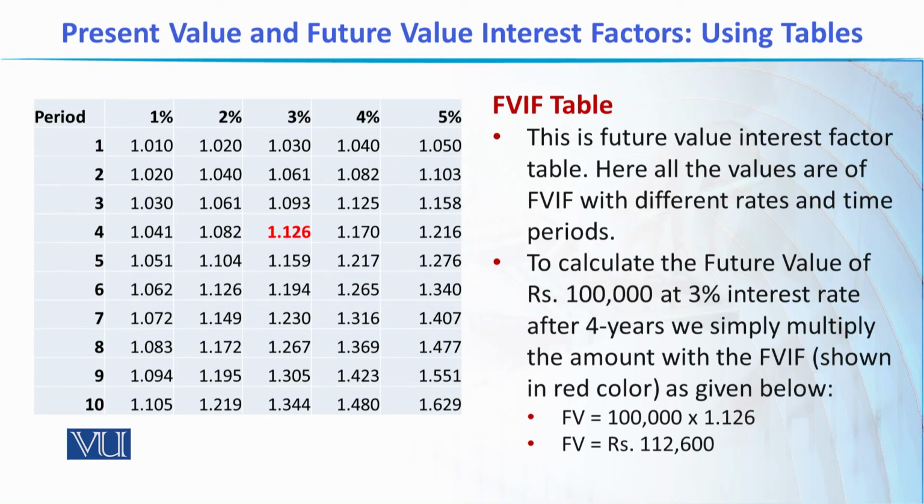That is 1, 2, 3, 4, 5% are the values of R, and the time periods 1, 2, 3 till 10 are the values of N. So we can calculate or we can see the value of any future value interest factor with a given value of R and N. For example, if we have a look at a value under 4% after 6 years, the value will be 1.265.